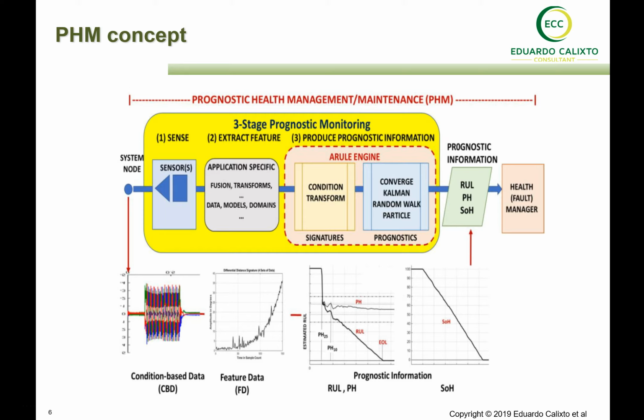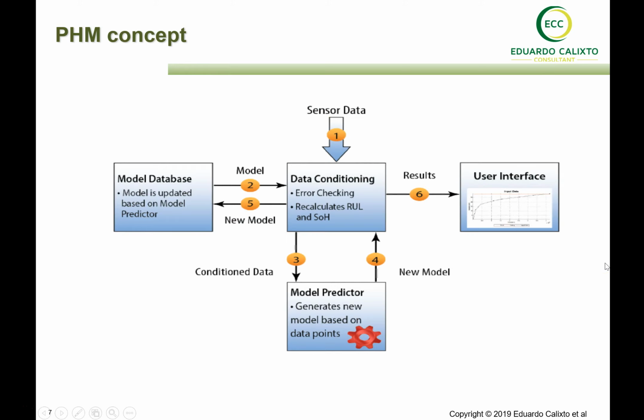But when such parameters go over the operation limits, then pressure, temperature, rotation start to influence the reliability of the equipment and reduce the remaining life as expected at the very beginning. That's why it is very important to have prognostic health management.